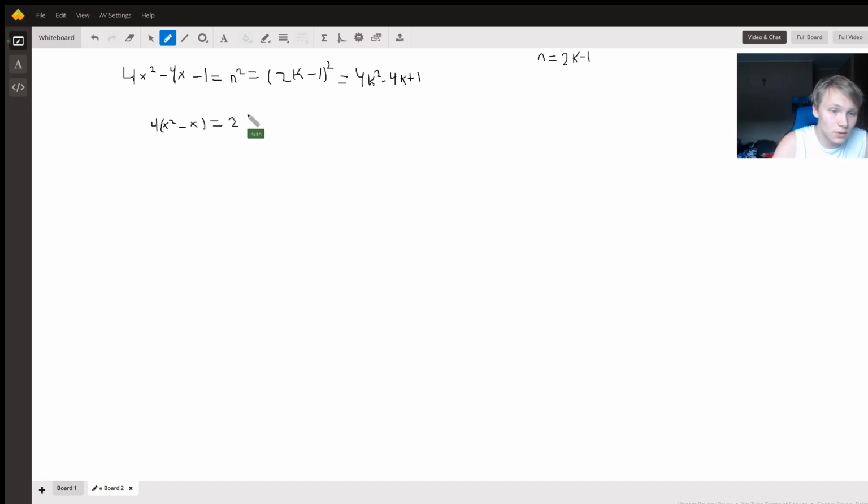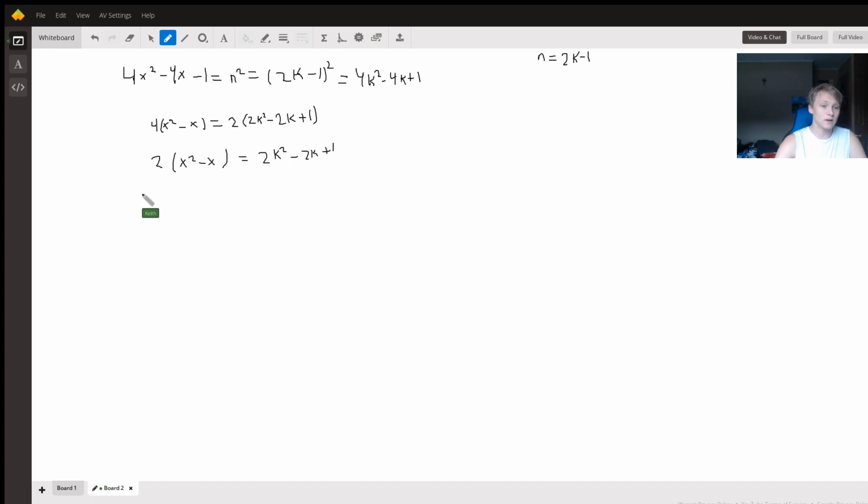This is equal to 2 times (2k squared minus 2k plus 1). All right, so this equality is the same. And now if we take a 2 out of each of these, we'll see that 2 times (x squared minus x) is equal to just the inside of the quantity there, 2k squared minus 2k plus 1.